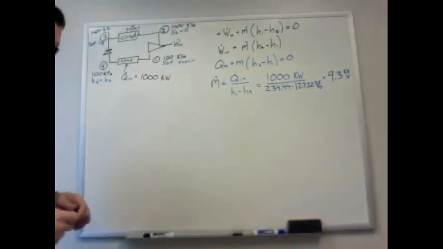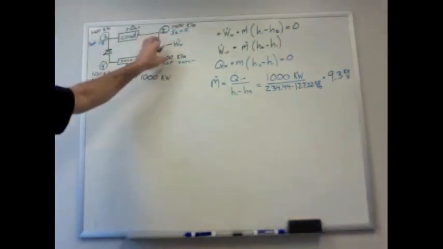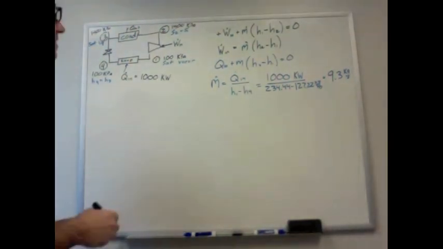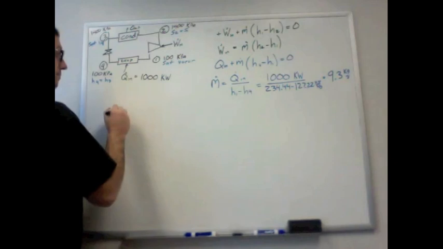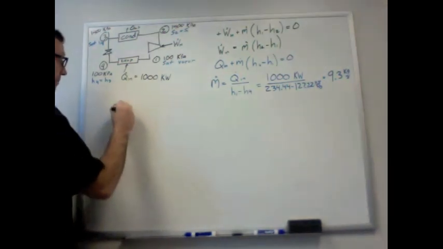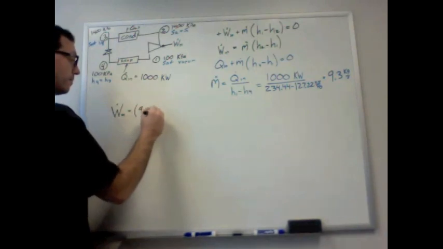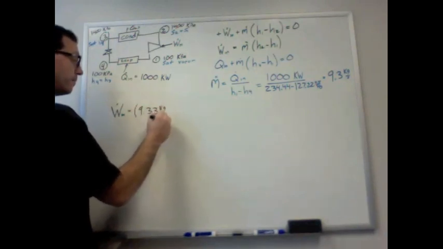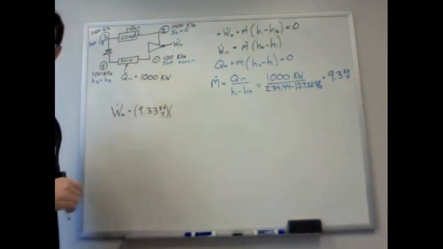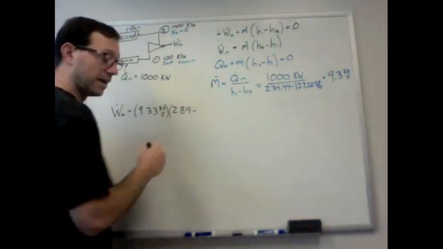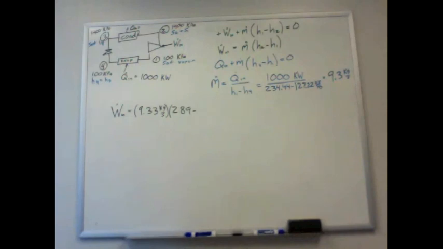Now we can go back to the energy balance on the compressor and actually solve for the work into the compressor. I'll move over this one. Then it was the mass flow rate times H2, 289, minus H1, 234.4.